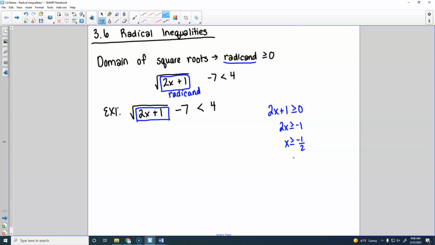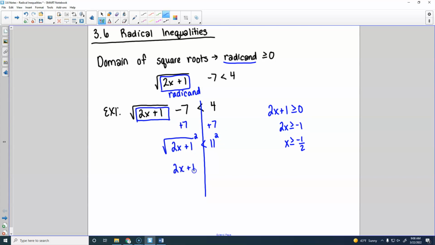Once we have this set up, we are just going to solve this inequality just like we solve regular equations. We're going to add 7 to both sides to get that over to the other side. So we'll have square root of 2x plus 1 is less than 11. We will square both sides to get rid of that square root.